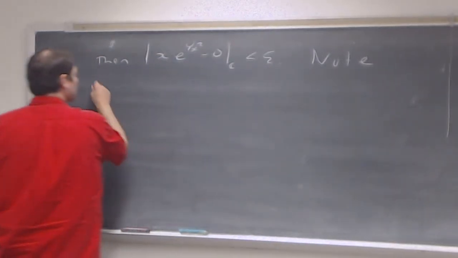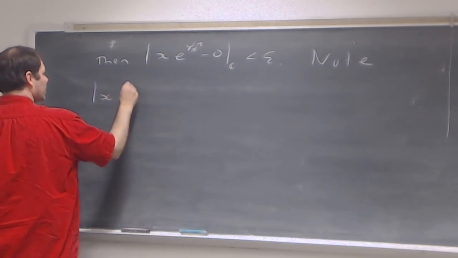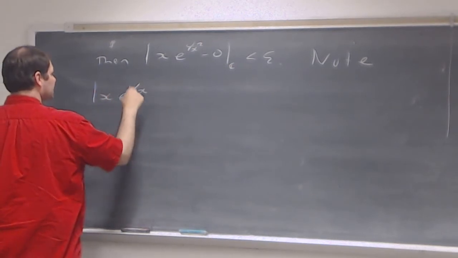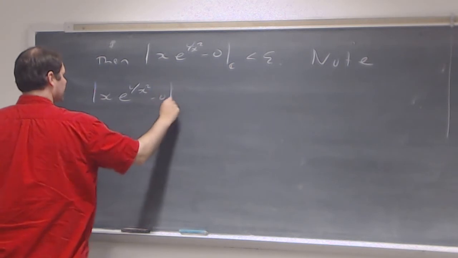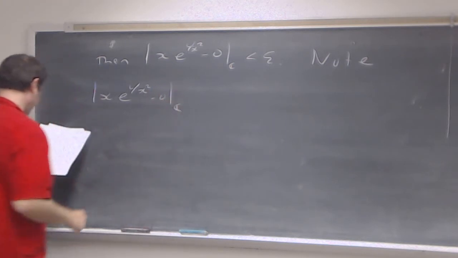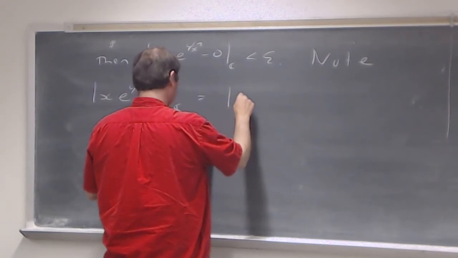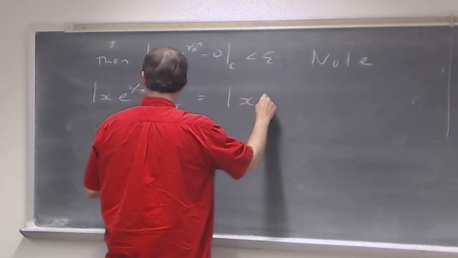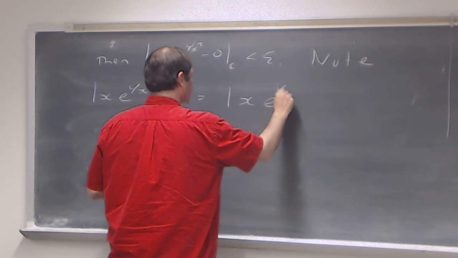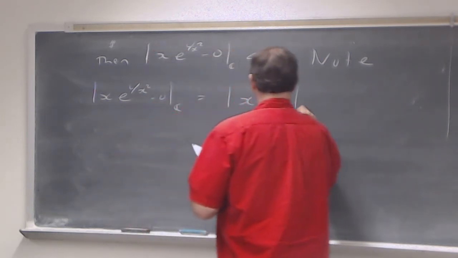So let's look at it for a second. Note this absolute value of x times e to the i over x squared minus 0, this complex absolute value, is equal to, well, it's just the complex absolute value of x times e raised to the i over x squared.